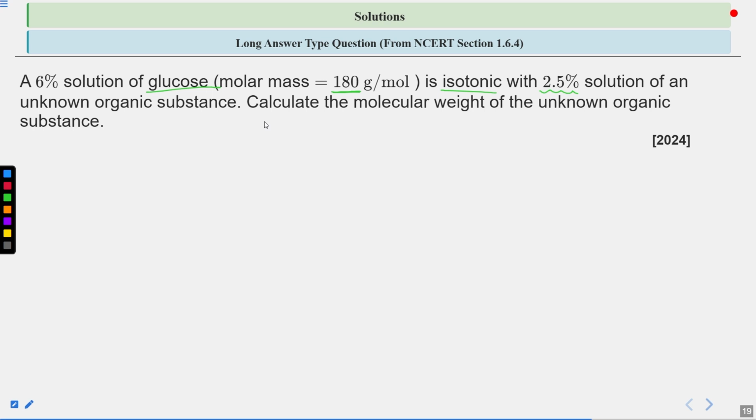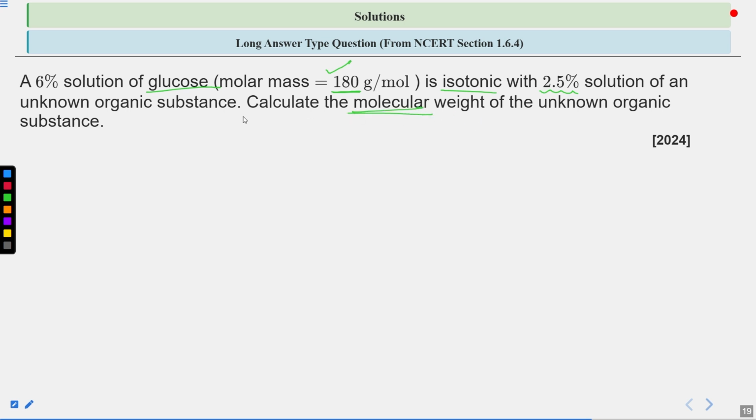So we are talking about two solutions. The first one is a 6% solution of glucose. The molar mass of this glucose is given, and this solution is isotonic with another solution, which is a 2.5% solution of an unknown organic substance. Now calculate the molecular weight of this unknown organic substance.